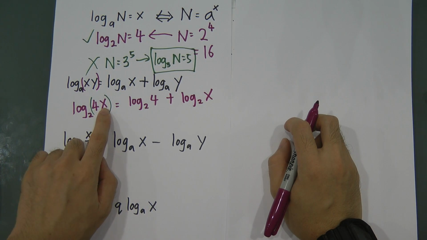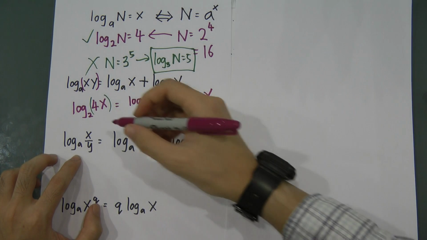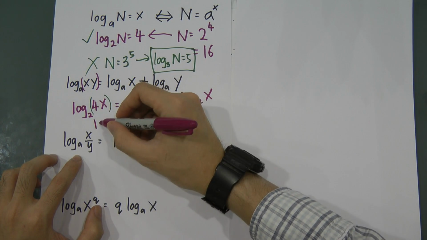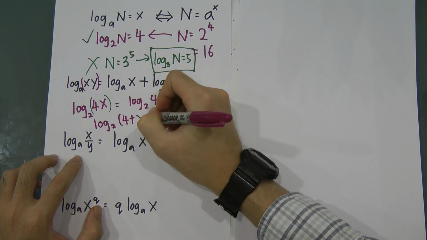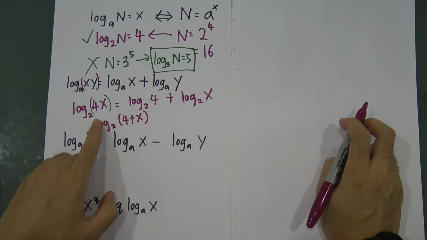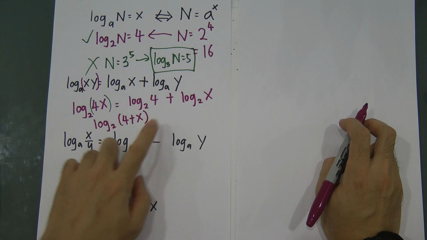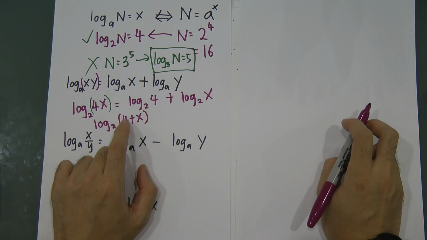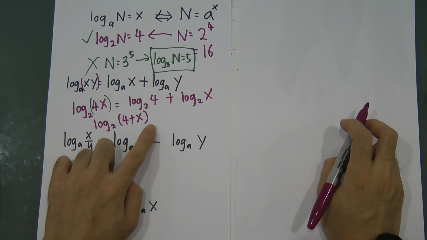A lot of students are confused about this one and this one. Let's say log 2 of (4 plus x). Some students say multiplication becomes plus, so does plus become multiplication? No. You won't expand it into log 2 of 4 multiplied by log 2 of x, no such thing.